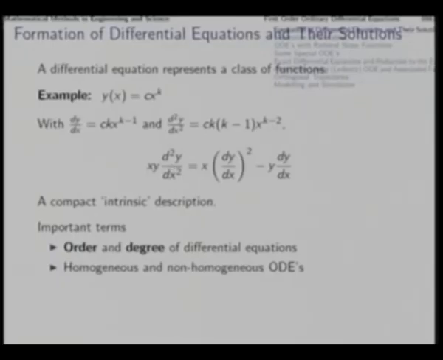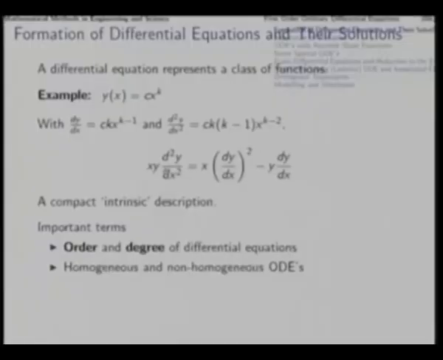And if the differential equation can be organized in the form of a polynomial equation in y and its derivatives, as this equation certainly is, then the degree in which the highest order derivative appears is called the degree of the differential equation.